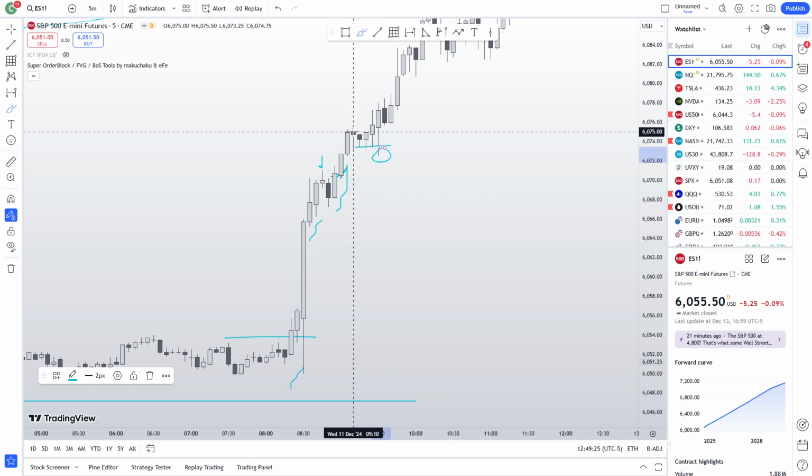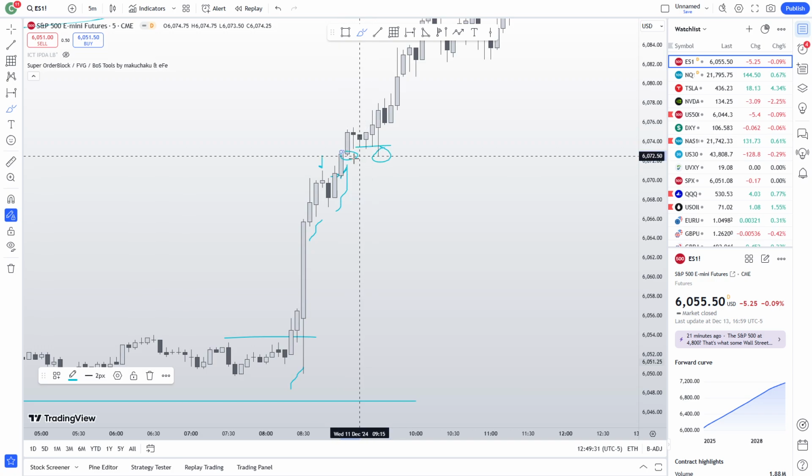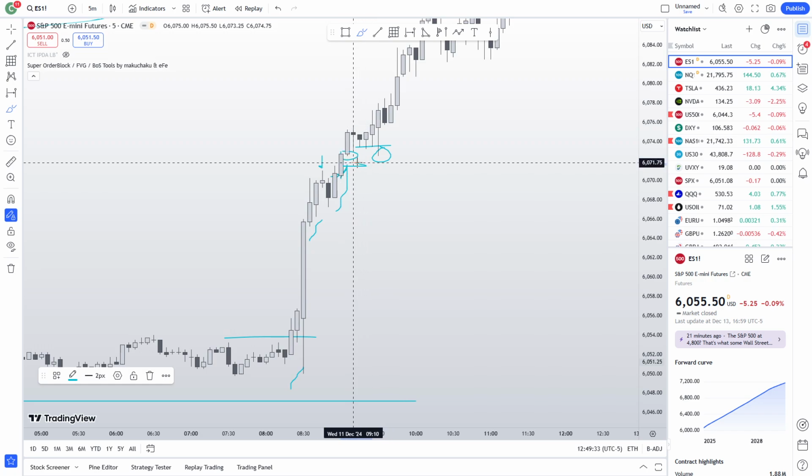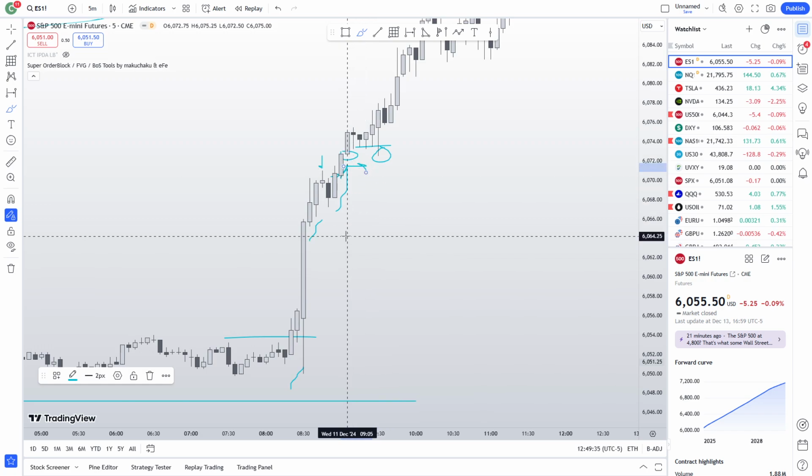But notice how, yes, we get some down close candles, but this up close candle's low never got closed below. It just keeps walking forward. You want to realize that price can only move forward. It can never go backwards. That's just a restriction of the market if you really think about it.